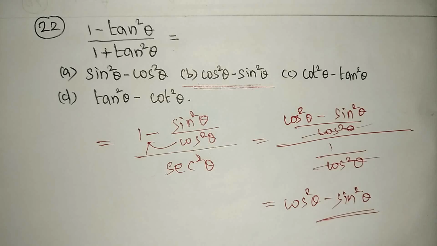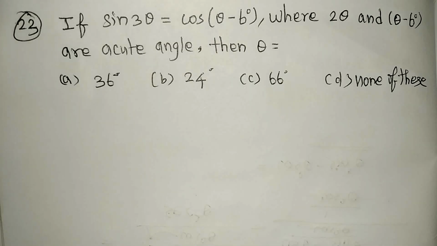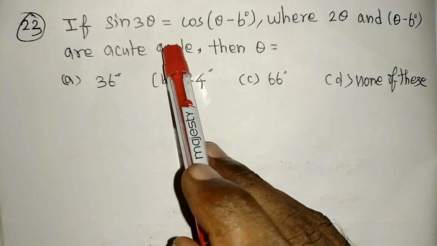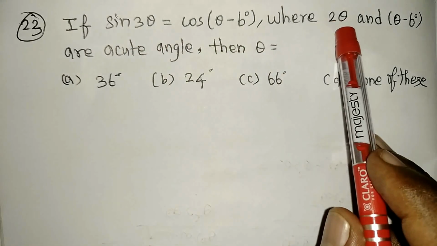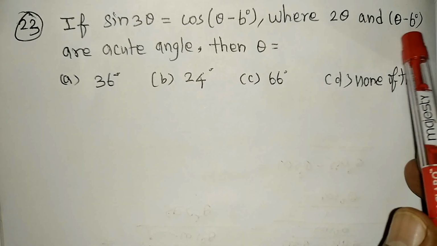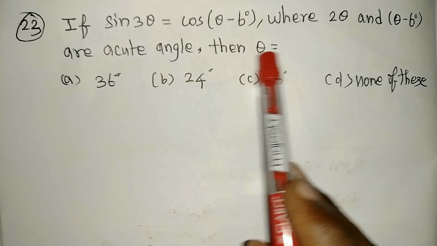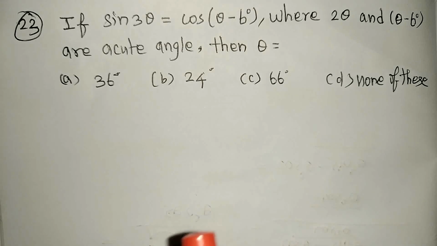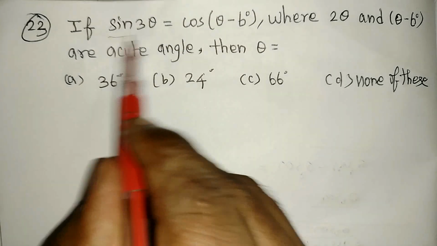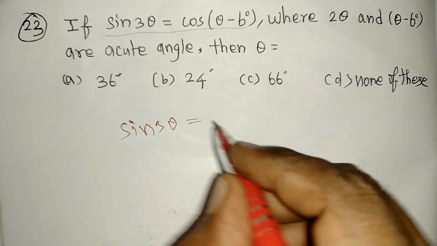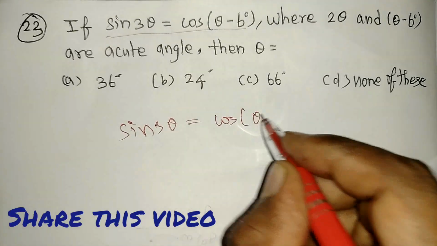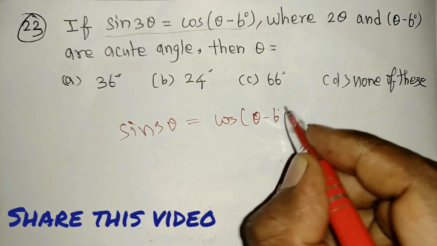Okay, right. We'll go for the next question, number 23. If sine 3 theta equals cos of theta minus 6 degree, where 3 theta and theta minus 6 degree are acute angles, then what is theta? They are asking what is theta. First you take the given: sine 3 theta equals cos of theta minus 6 degree.